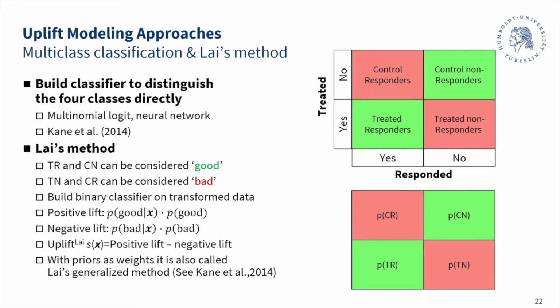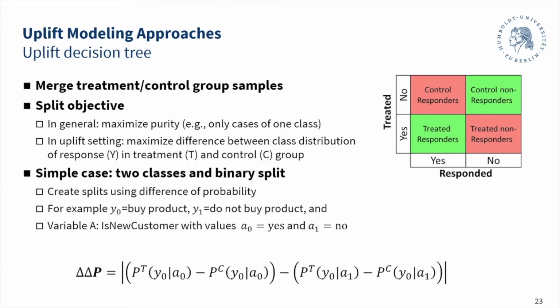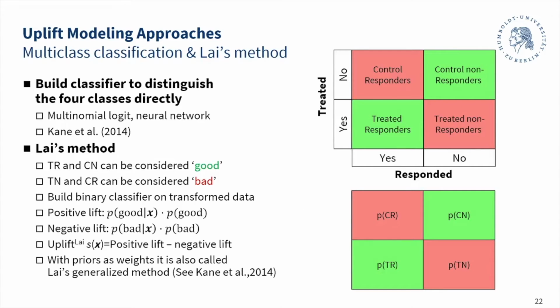You can prove, I won't do it, but you can, that the scores that this method gives you, that Lai didn't know. He just had the idea and then supported that empirically. Later on, it was proven that this approach gives you estimates that are equivalent to those coming from the 2-model approach. You can prove the equivalency of this method and the 2-model approach. Which is nice, because here you build only 1 model.